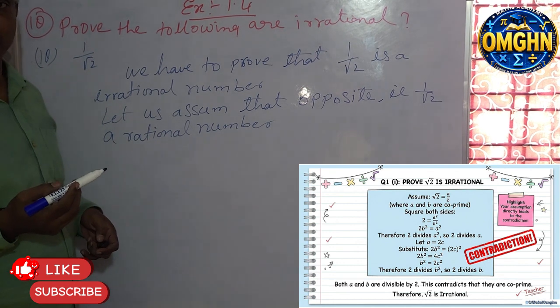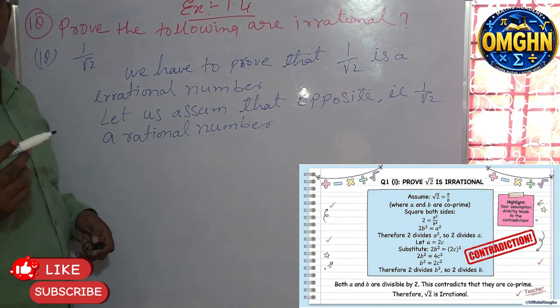అంటే ఉల్టా తీసుకుంటున్నాం అన్నమాట. That is, 1 by root 2 is a rational number.